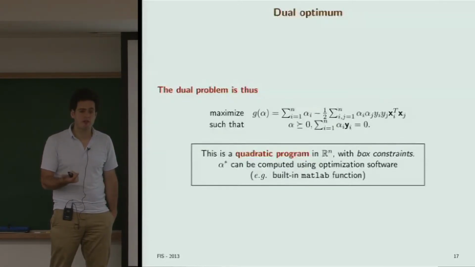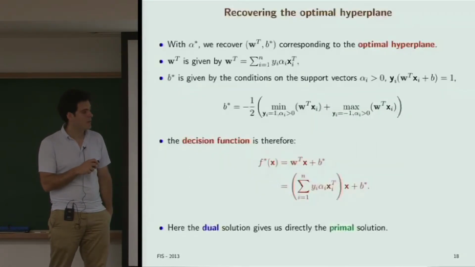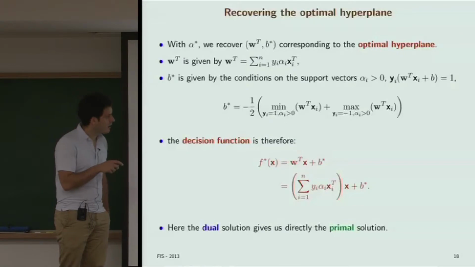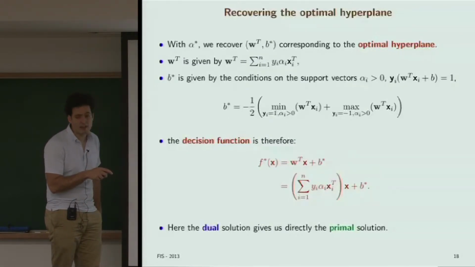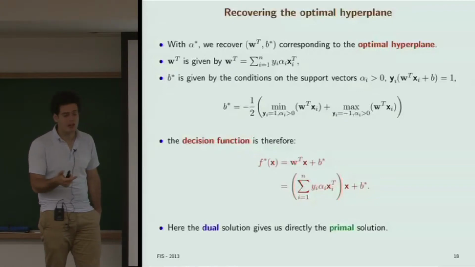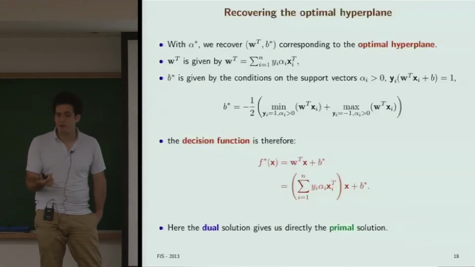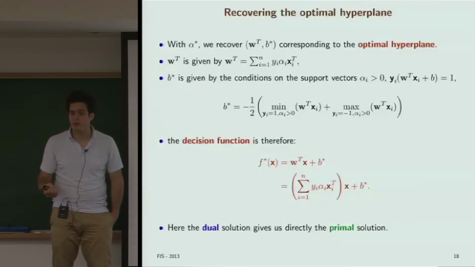This doesn't give me W yet, right? Well, yes, actually, because with alpha star, we can recover the original hyperplane. Remember that W is equal to the sum of y_i alpha_i x_i. So if you give me the optimal dual solution, this will help me rebuild the optimal W.